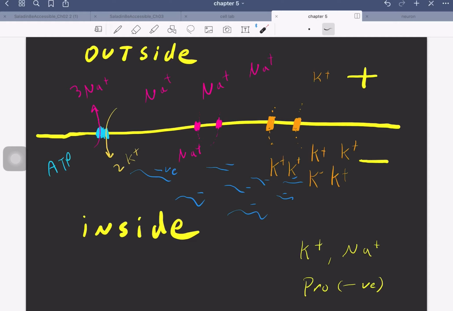And if it is going to fire, it has to have set up this situation where it has a positive on the outside and negative charge on the inside. Because, as we'll see when we talk about action potentials, an action potential is basically where we're going to open gates and sodium will flow in large amounts, making the inside more positive, and then potentially potassium will flow out to counterbalance that, and that will be part of the action potential.